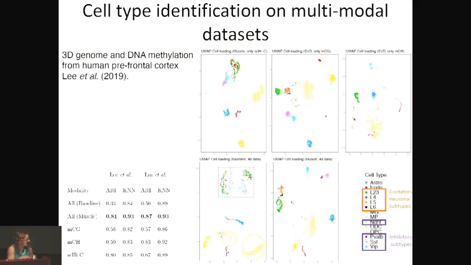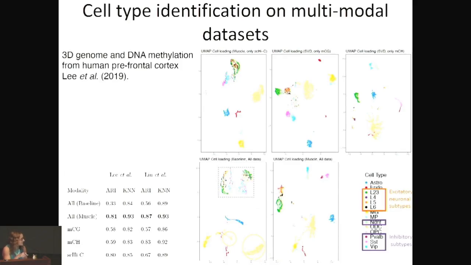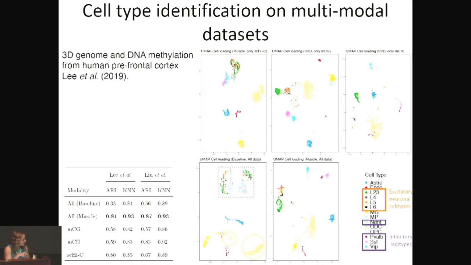In all of those cases, the baseline approach doesn't do better than muscle. And in another, more recent data set which has this multimodality, using all modalities with muscle does better than the other baseline approach, or using individual modalities.